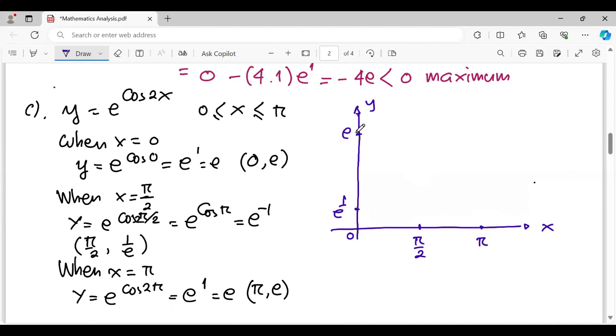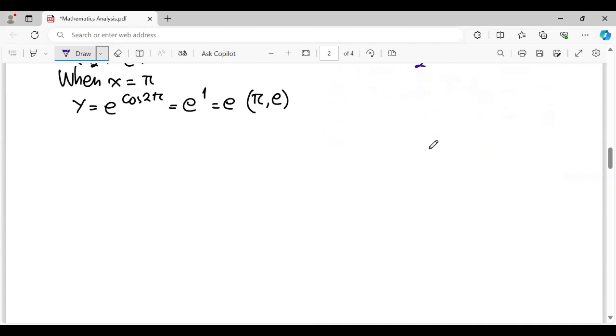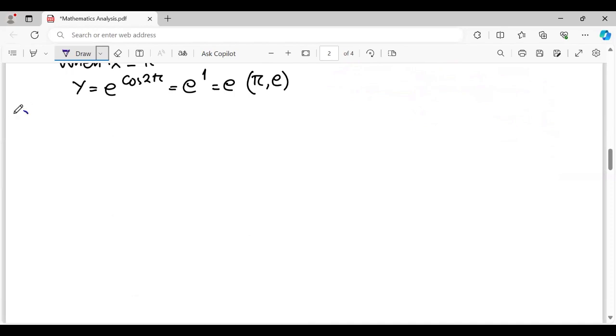Okay, and this is the coordinate point. Okay, like this. The graph.